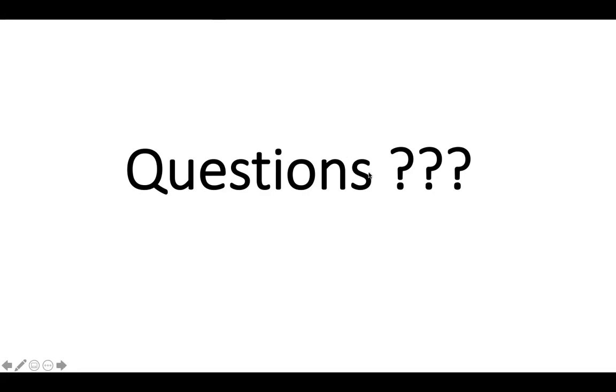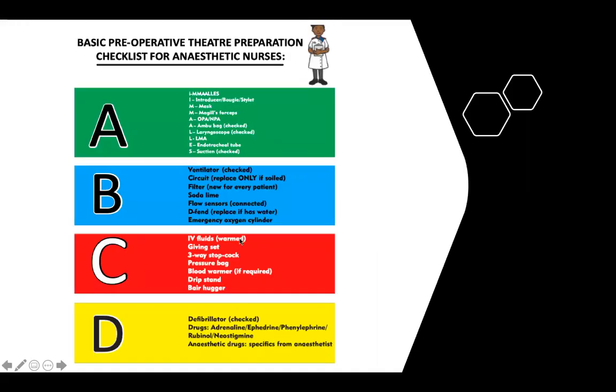Does anyone have any questions? Any questions from anybody? I was saying that on the ABCD list, you can find a space for warming devices for a machine. Sorry, Doc, we can't hear you well. Anaesthetic machine.